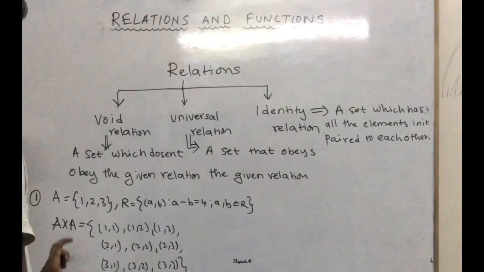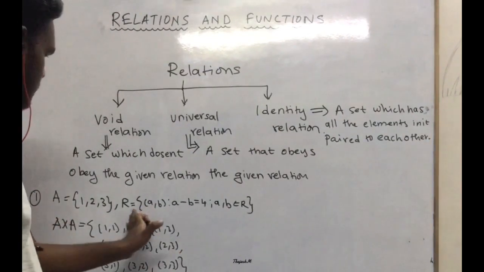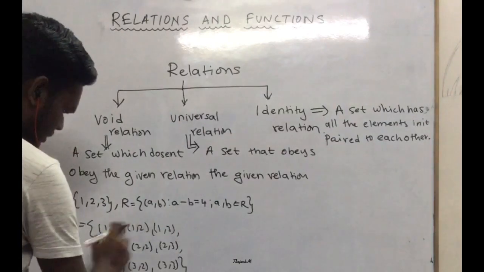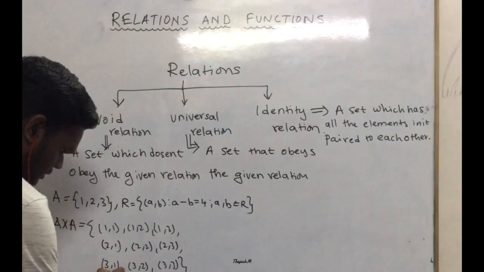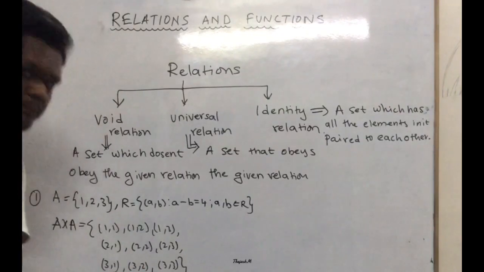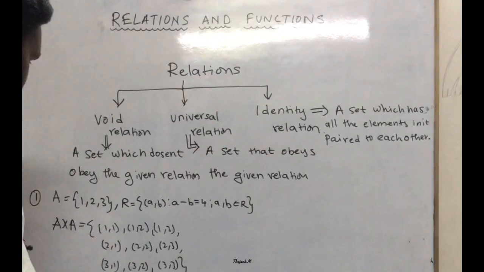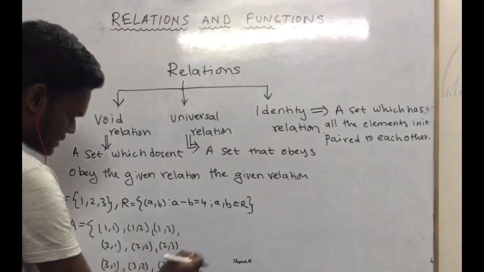Okay, so we have this relation. So we need to check if all these values satisfy this equation. In all these pairs, the first one will be a and the second element will be b.